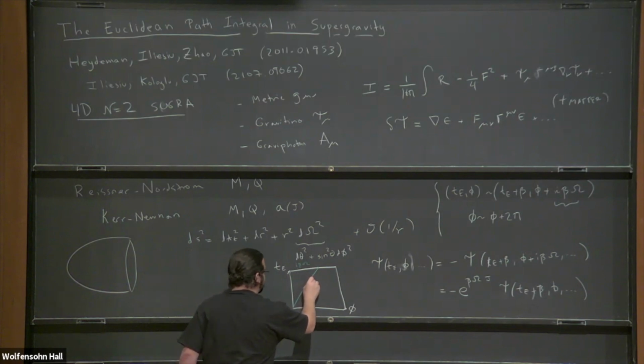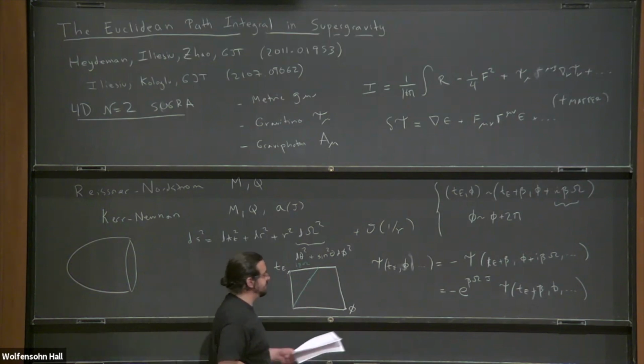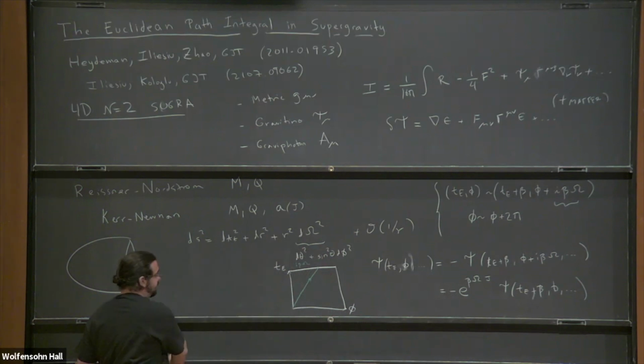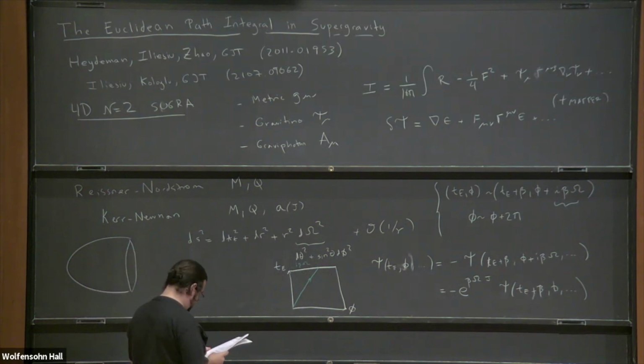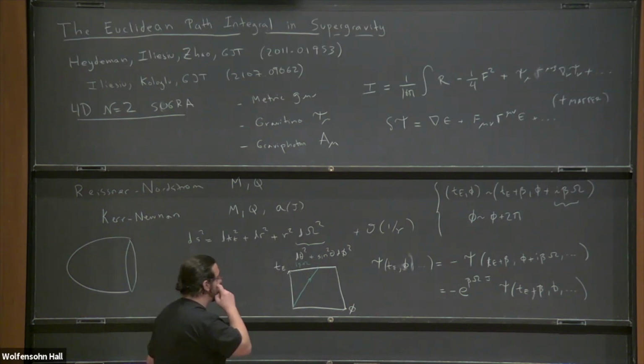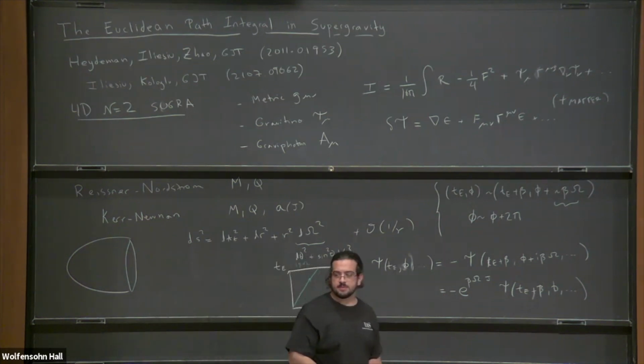And it will be important later that the physical thing is this exponential and not omega itself when we look at all the saddles consistent with these boundary conditions. Are there any questions so far?